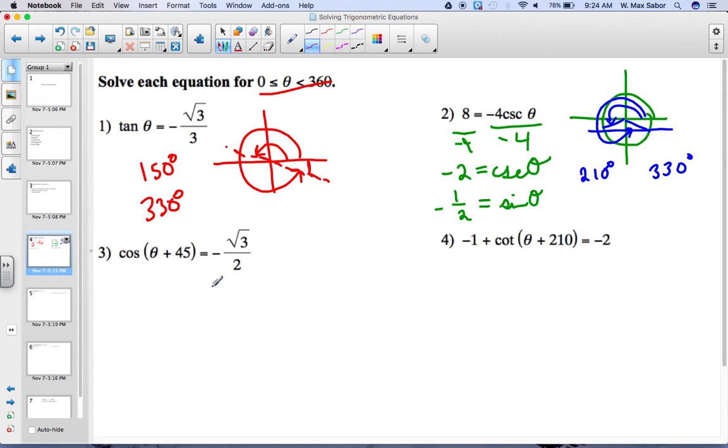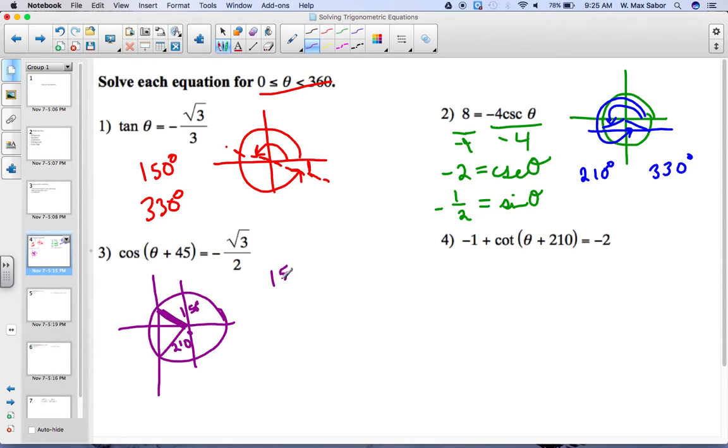Here we have negative square root of 3 over 2. Negative square root of 3 over 2 is over here as an x-coordinate. So that's telling me that we'd have, what would this be? 150 degrees, or we would continue to the 180 degrees and then go in the other direction, so that would be 210 degrees.